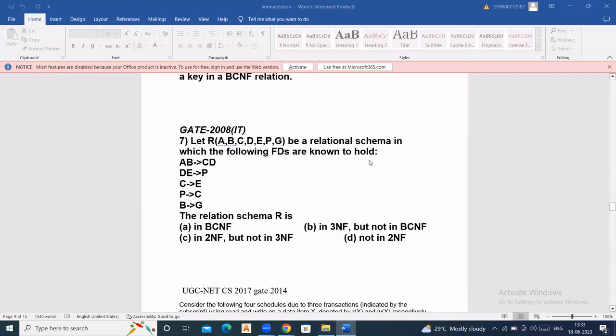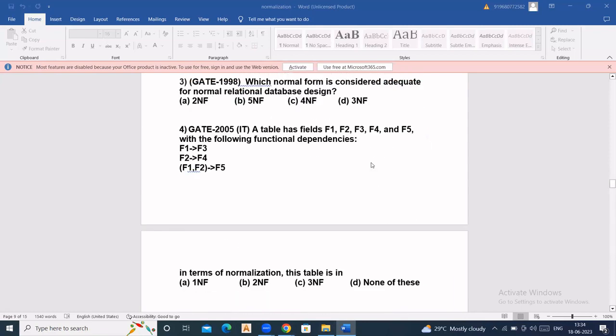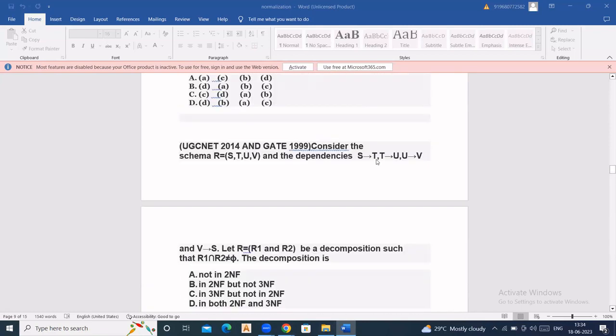Okay. Now the last question. Answer this correctly. Okay, this is the question. Start from here. UGC NET 2014 and this thing. Abhay will answer this correctly.